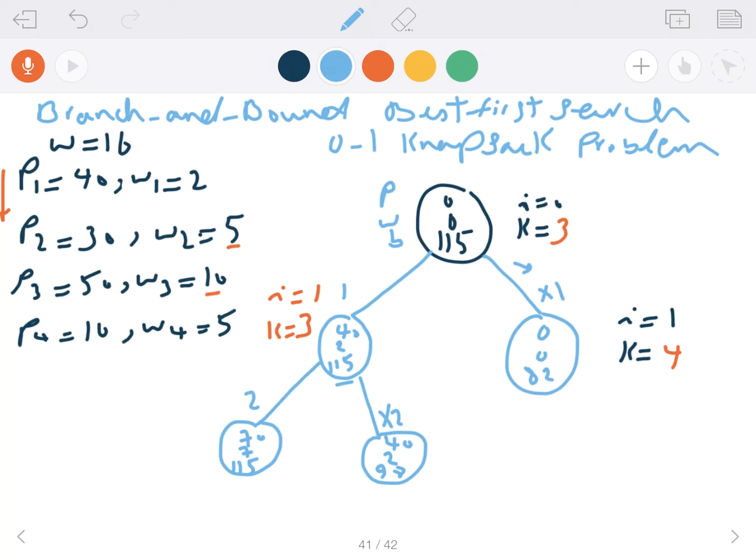So now if we continue, between the nodes that we have here, we have 150 here, and we have 98 here, and we have 82. Again, using the best first approach, we are going to expand this node that has the higher bound, that is 150. So here it means including item number 3 or not including item number 3.